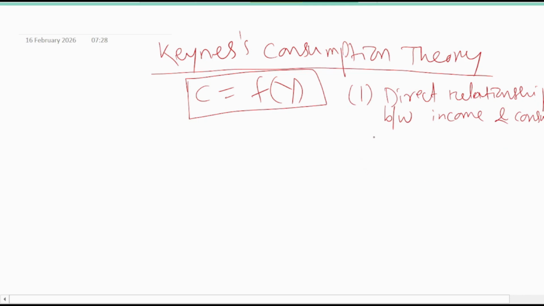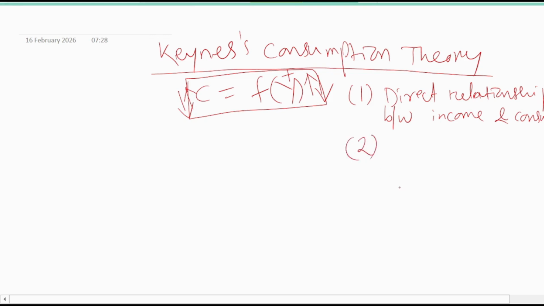Okay. That means if income increases, consumption will also increase, and if income decreases, consumption will decrease. So this is explained by the direct relationship between income and consumption in the Keynesian consumption theory.